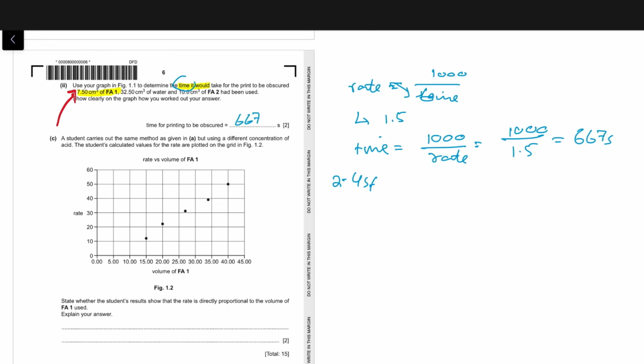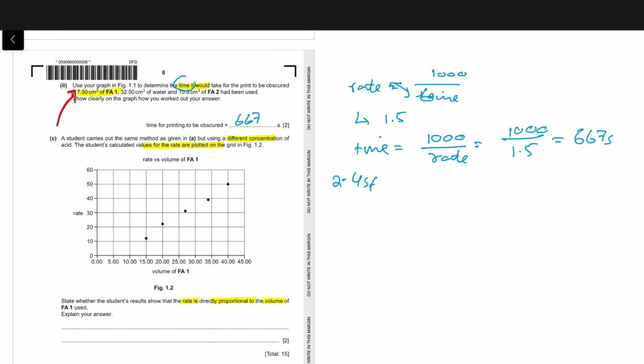It then says that a student carries out the same method as given in A, but uses a different concentration, and the student's calculated values for the rate are plotted in the graph below. State whether the student's results show that rate is directly proportional to volume of FA1 used.